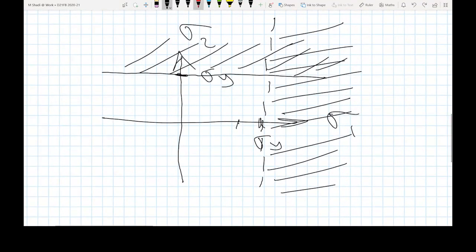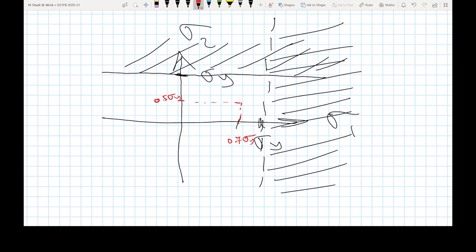Let us pick a random point, for example, 0.7 sigma y, this point over there, and pick another point here. We have 0.5 sigma y. And then we compare the stresses at this point here.